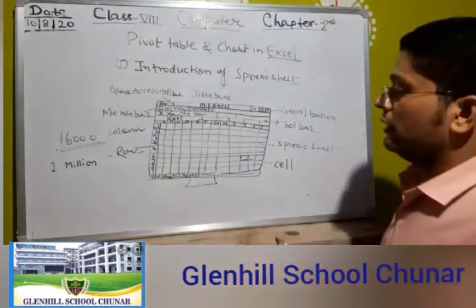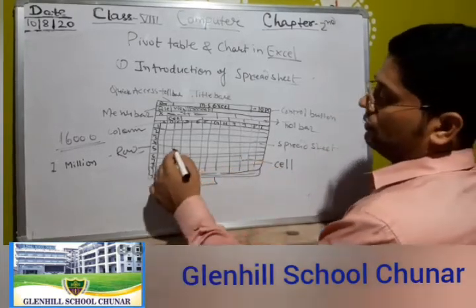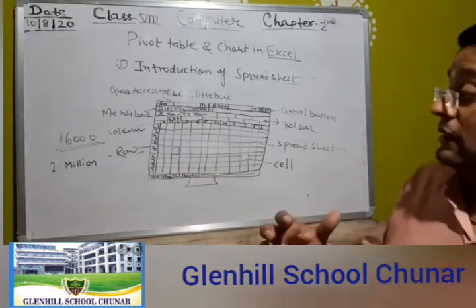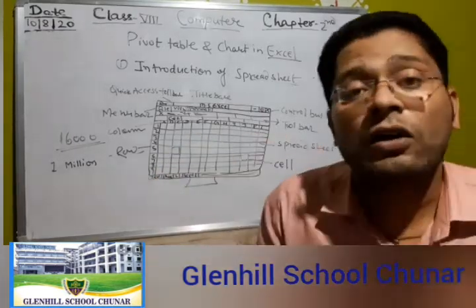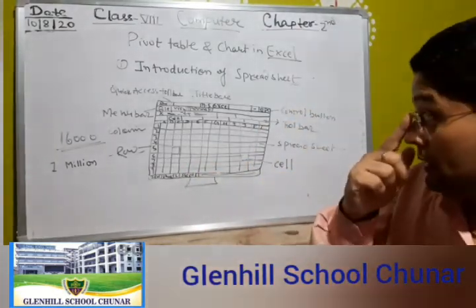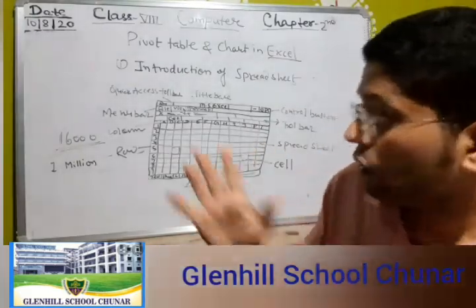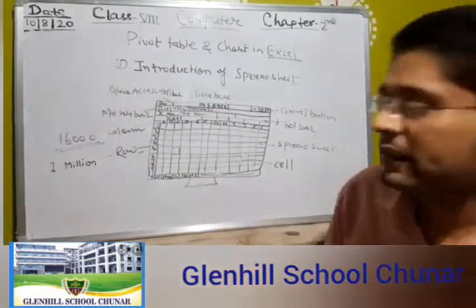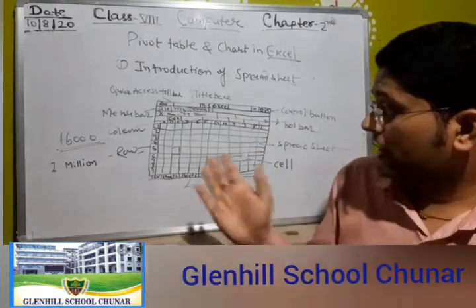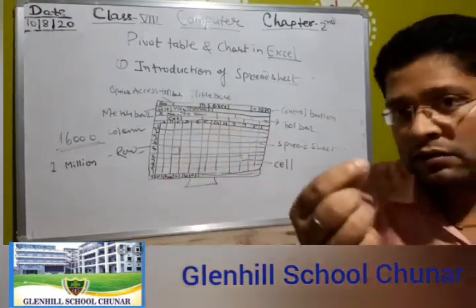Where a row and a column intersect, that is called a cell.